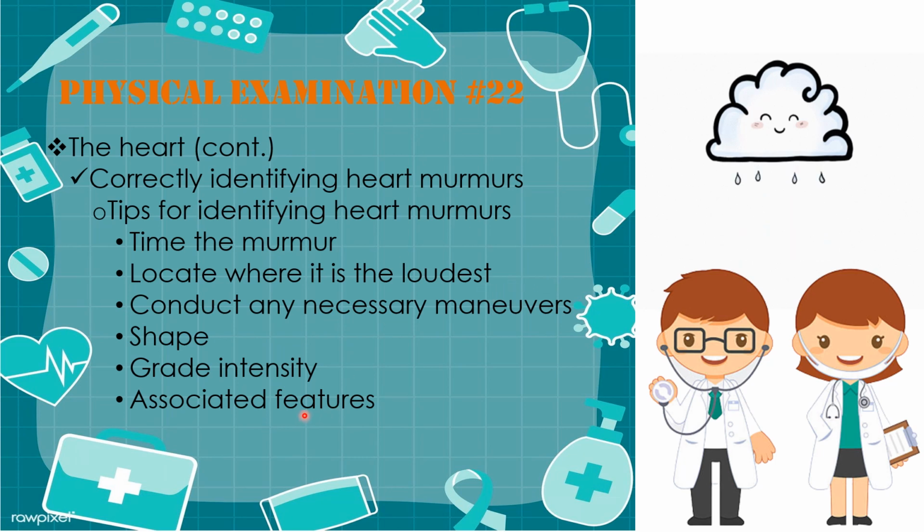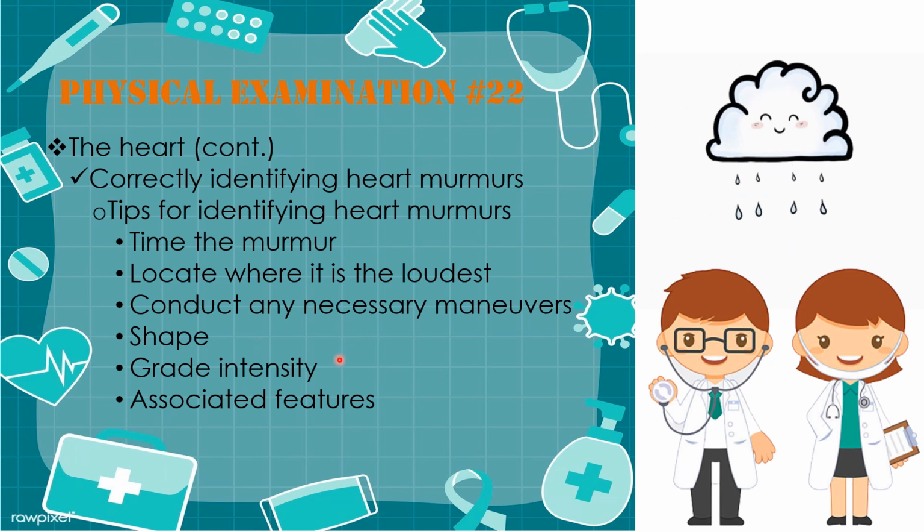And then conduct any necessary maneuvers such as having the patient lean forward and exhale or turn to the left lateral decubitus position. Also determine the shape of the murmur. For example, is it crescendo or becomes louder, or decrescendo or becomes softer? Is it pansystolic?